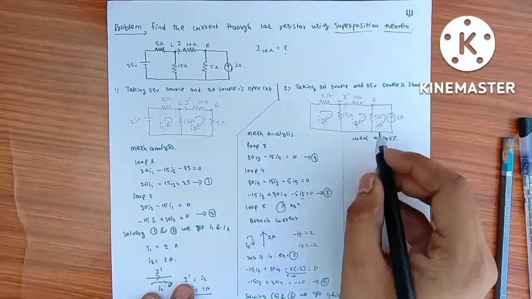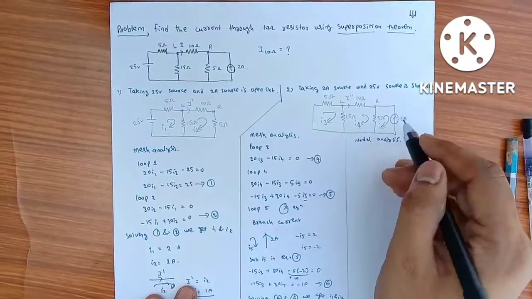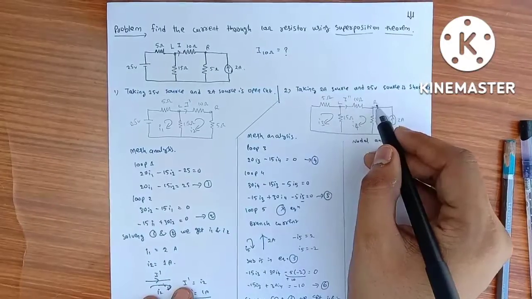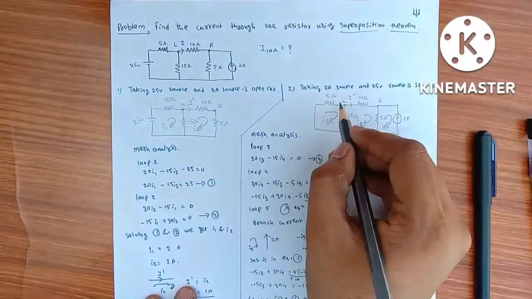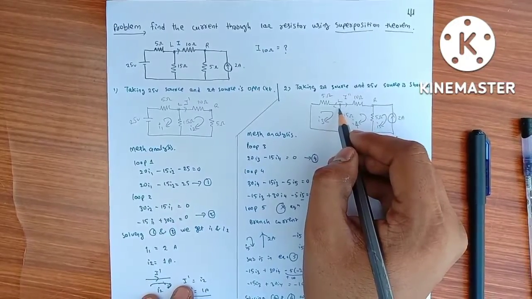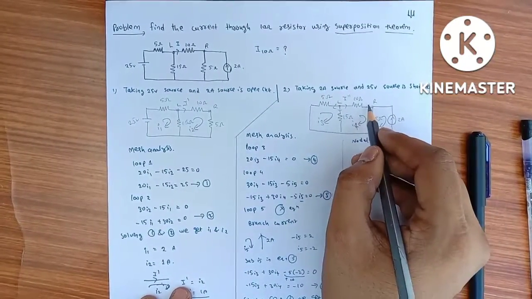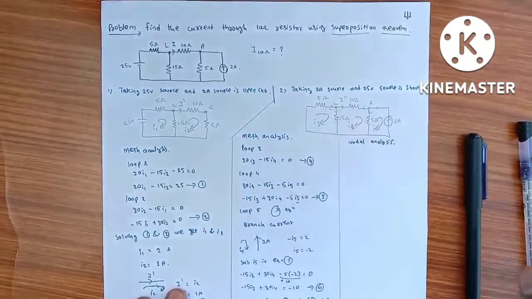From nodal analysis, I am considering nodes L and R, so I am taking current flowing away from the junction, so I am using directions like this.